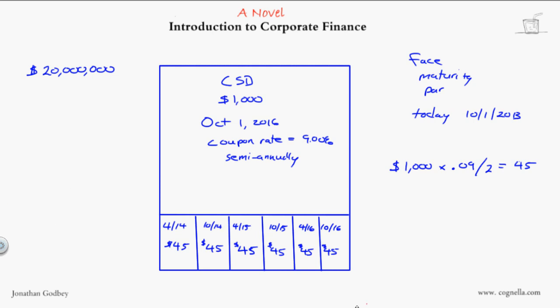So if I draw a timeline, I go back to Chapter 3 and I think about how to value something. The value of any financial asset is a present value of its future cash flows. Well, the cash flows generated here are the 6 payments of $45 each.